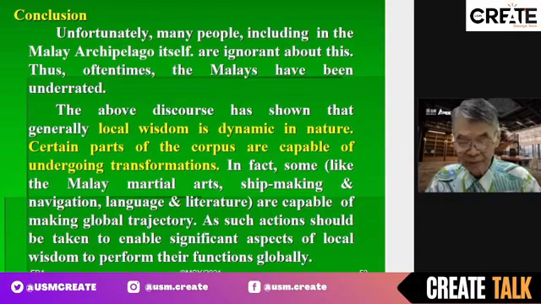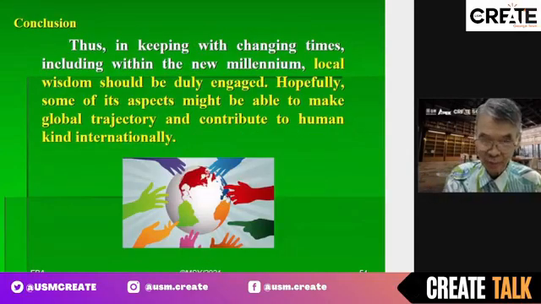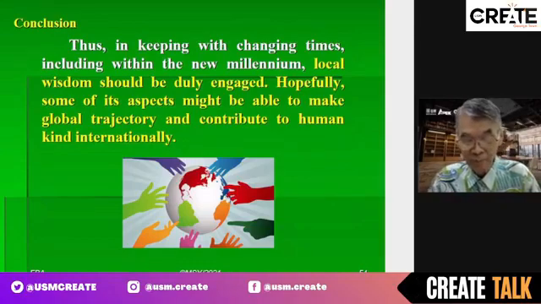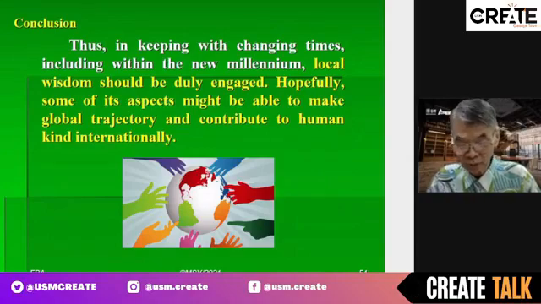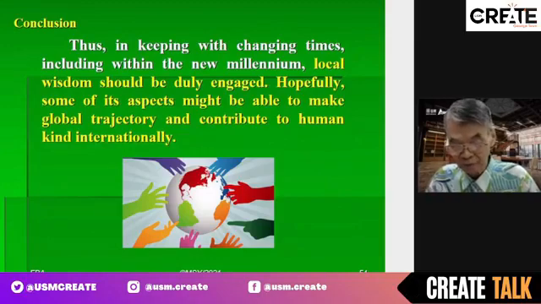Thus, in keeping with the changing times, I would like to repeat again what I have been saying many, many times. Including within this new millennium, local wisdom should be duly engaged. And hopefully, some of its aspects might be able to make global trajectory again and contribute to humankind internationally.